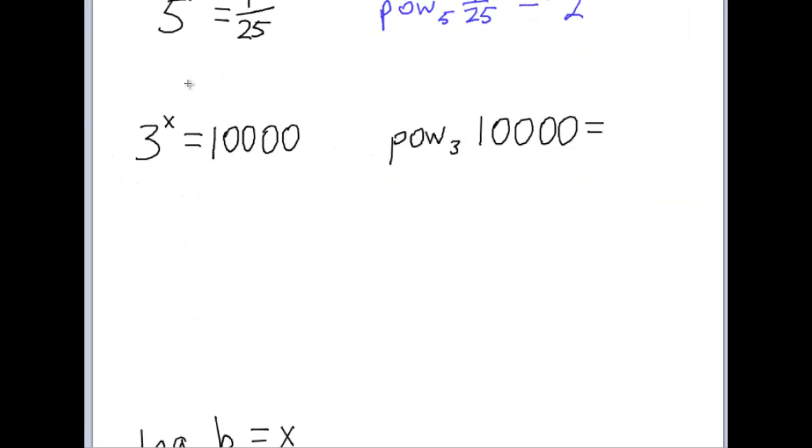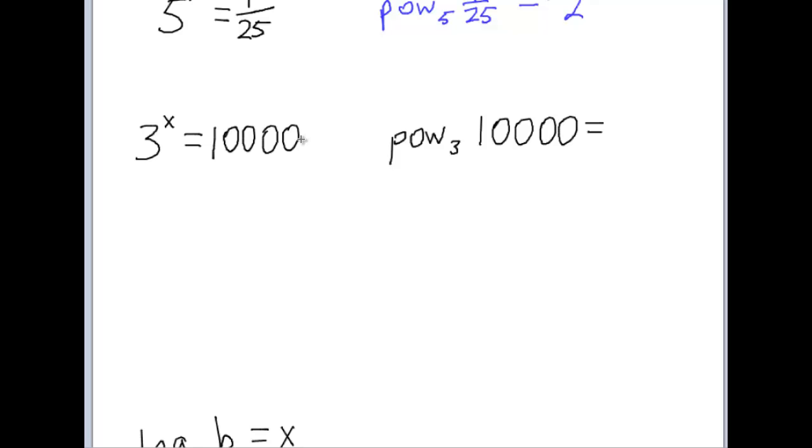When we were playing with Sierpinski's triangle and the candy corns, candy corn kernels, anyway, we had 3 to the power of x is 10,000, and we wanted to know, when is this true? And so again, we can write it as POW base 3 of 10,000, but how is that any better? Because we've still got to know what power of 3 is 10,000.